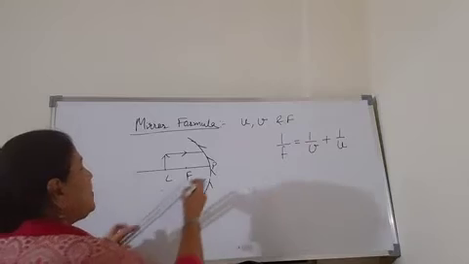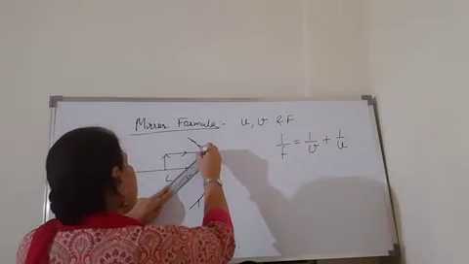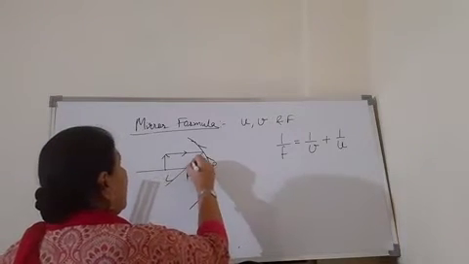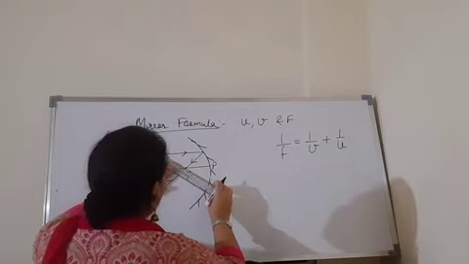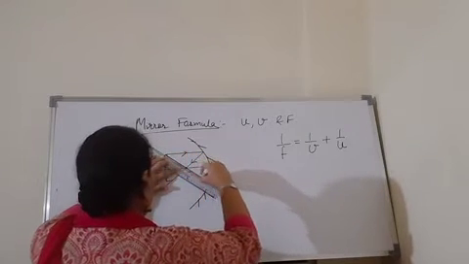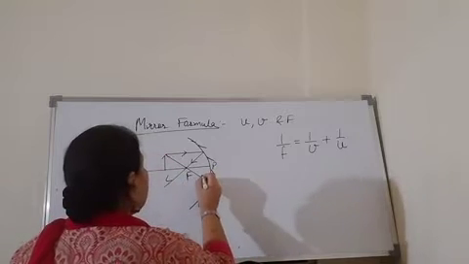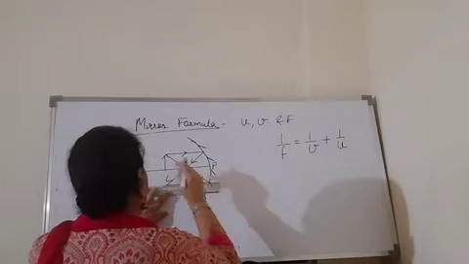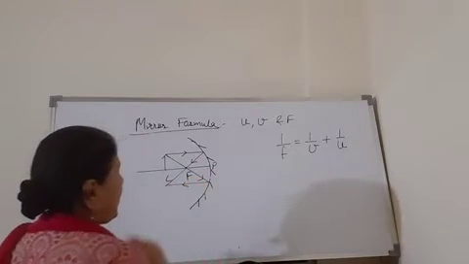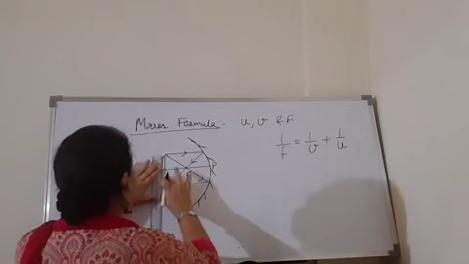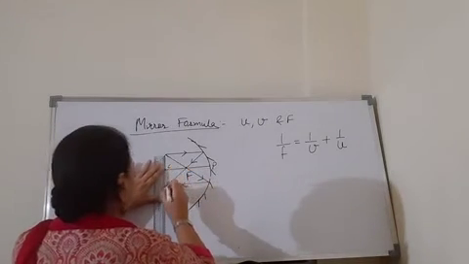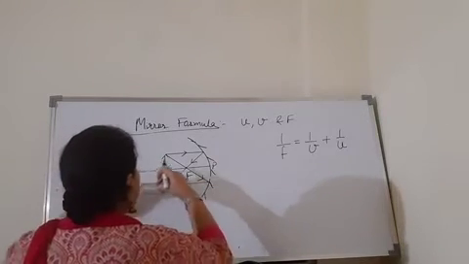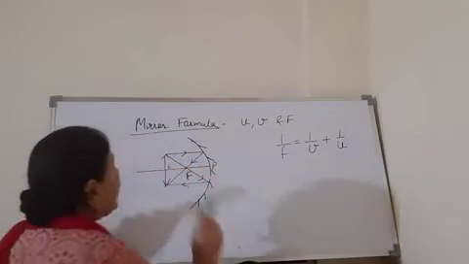One goes parallel to the principal axis and after reflection goes through F. One ray, you can take the one which goes through F and after reflection becomes parallel to the principal axis. So this is the ray here. The image is formed at C, same sized, real and inverted.